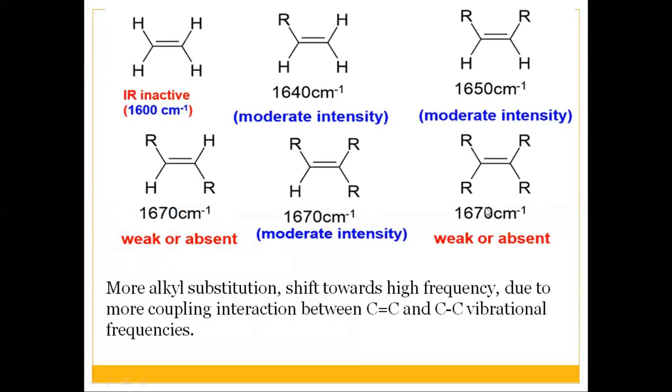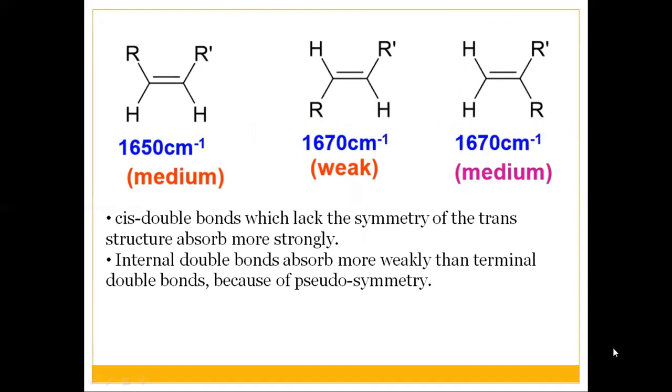And if all four substituents are alkyl, then also a weak or absent peak will be there at 1670 per centimeter. And if three alkyl substituents are around the carbon-carbon double bond, there will be a moderately intense peak at 1670 per centimeter. So more alkyl substitutions shift towards high frequency due to more coupling interaction between carbon-carbon double bond and carbon-carbon single bond vibrational frequencies.